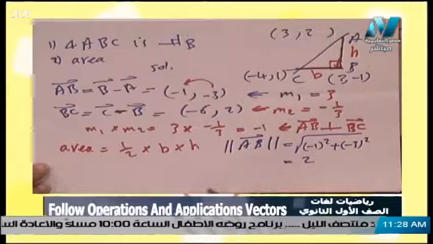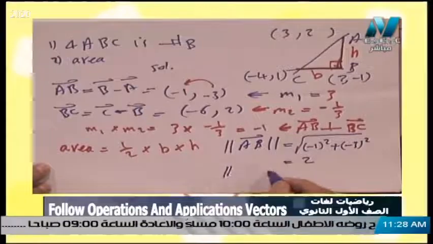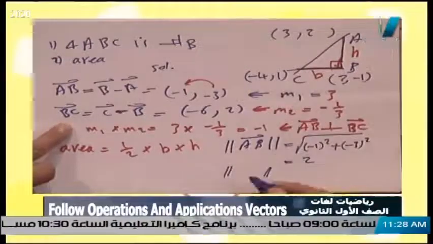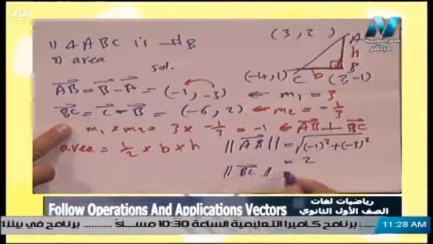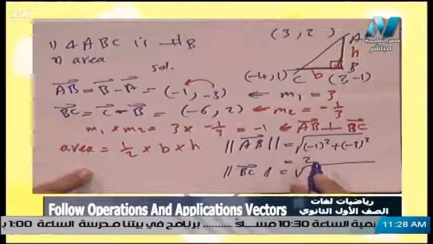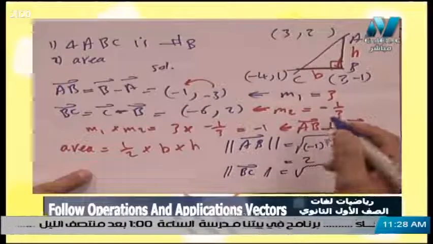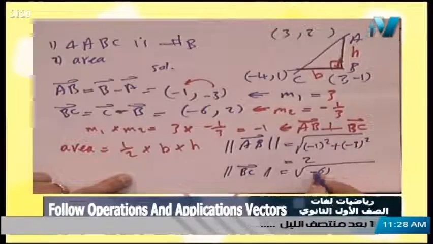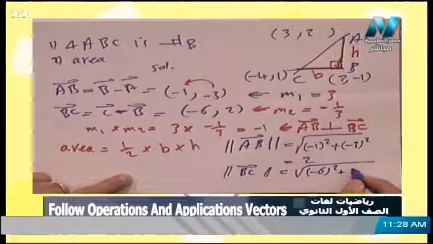And to find the length of the vector BC, which is the base, it equals the square root of negative 6 power 2 plus 2 power 2.